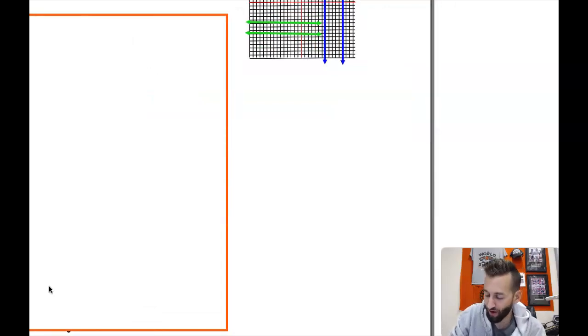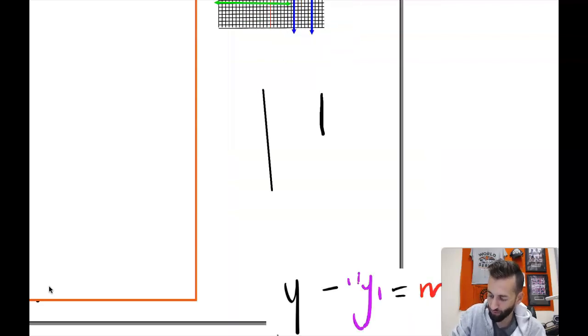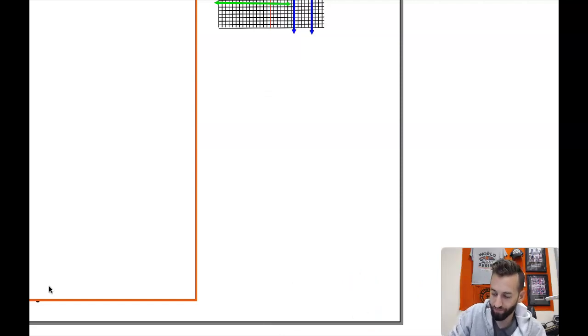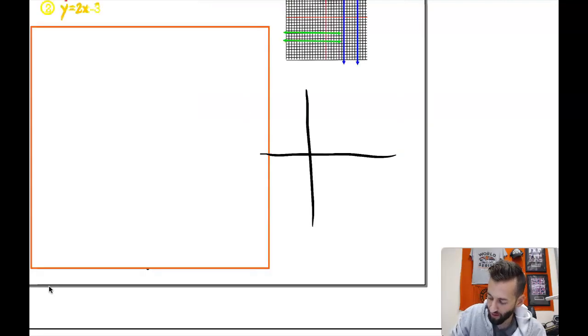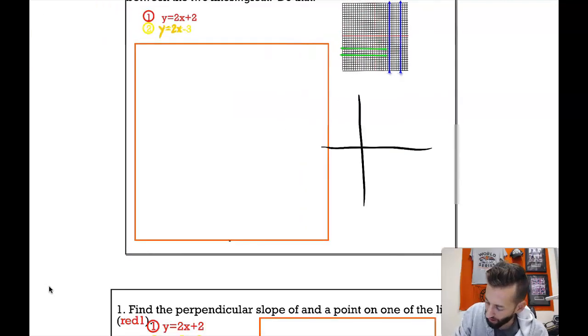Be better if I had graph paper. But I don't. I'm going to graph this on the side here. Sorry. If I were to graph these, you've got your red line that's starting at positive 2 and going up 2 over 1. Up 1, 2 over 1. Okay?